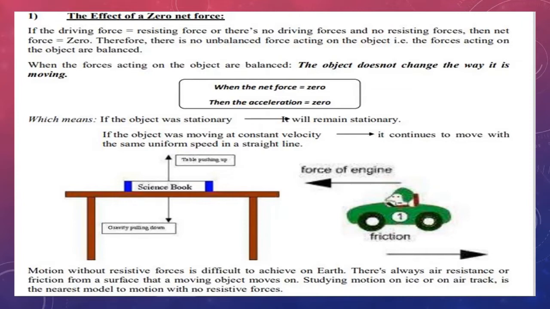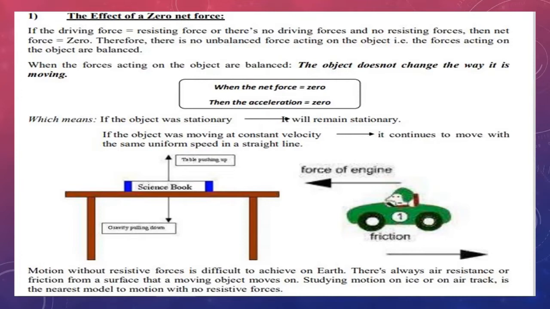What does this information indicate? When the sizes of these two arrows are equal, this means the net force is 0. Now I ask about balanced force. When the two arrows are equal in size, the magnitudes of these forces are equal, and the two forces act in opposite directions.